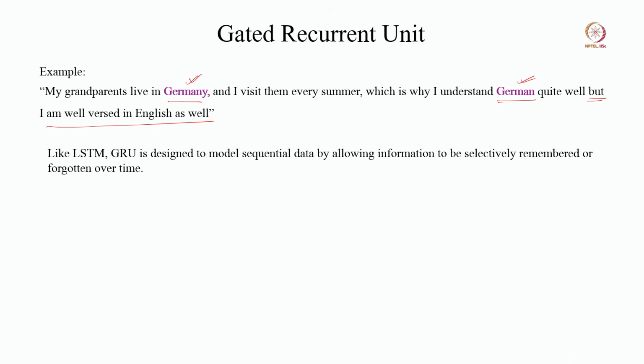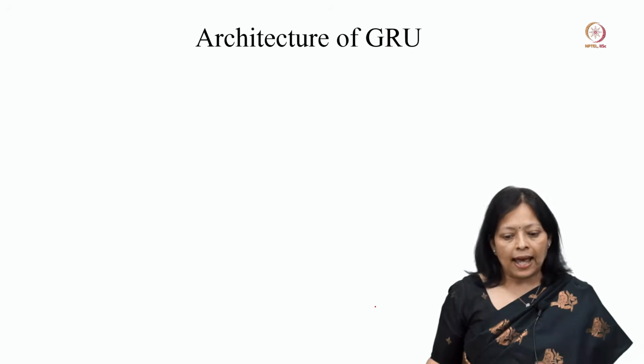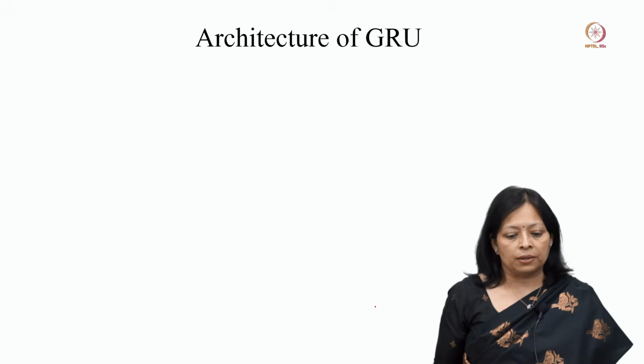Similar to LSTMs, this gated recurrent unit was introduced by Cho et al. in 2014 in the paper Learning Phrase Representations using RNN Encoder-Decoder for Statistical Machine Translation. That is the original paper where GRU was introduced, and then we will see the architecture of GRU, what exactly it is made up of.